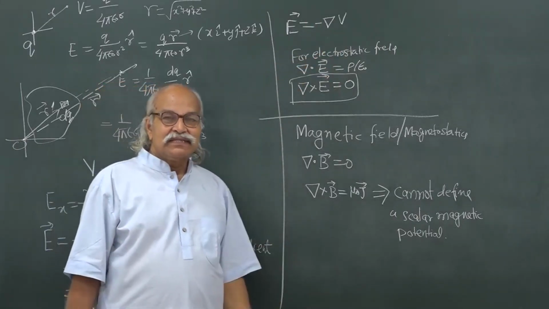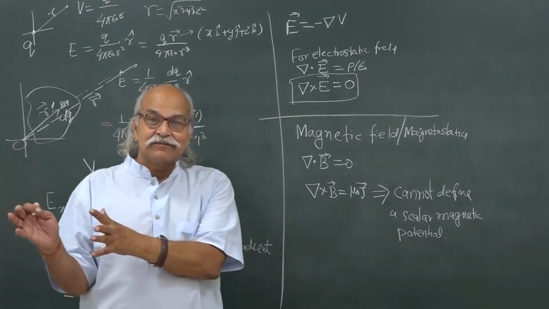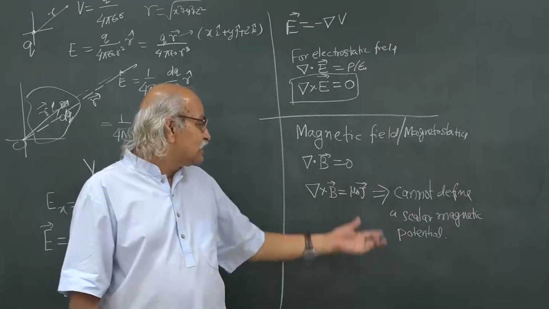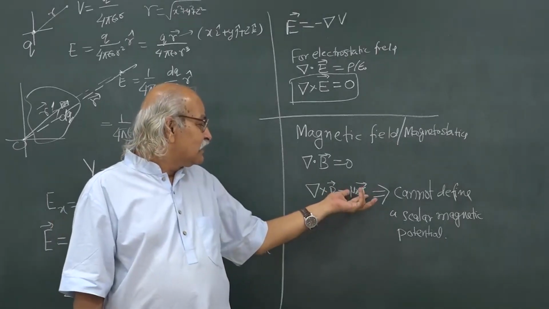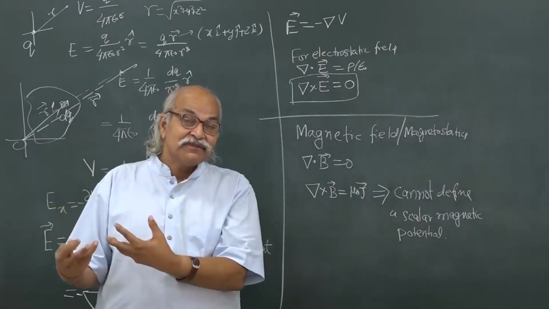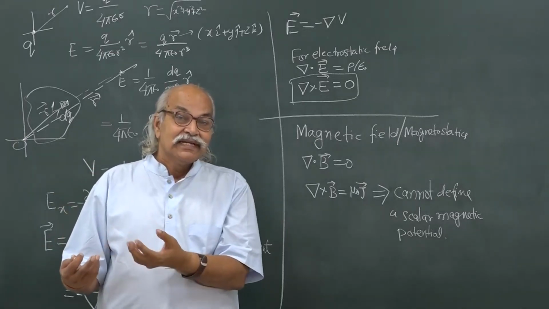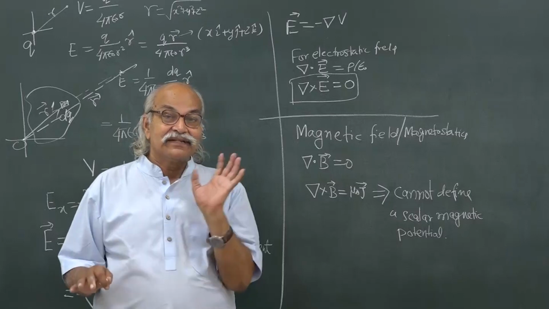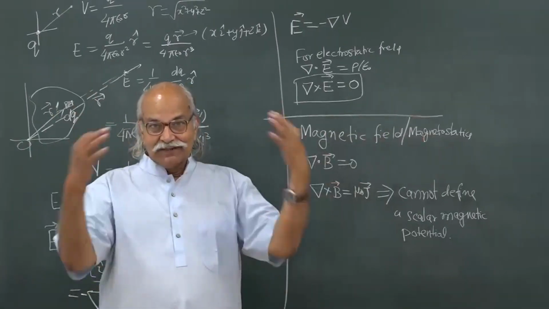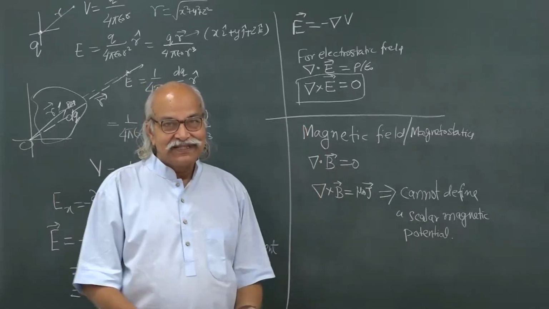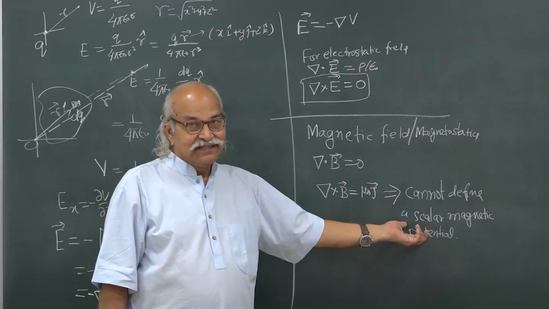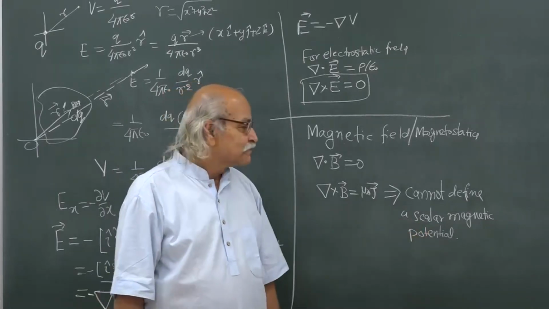In some limited regions where there is no current density and therefore, this J is 0, in those limited regions you can perhaps define a magnetic scalar potential and make use of the fact that curl is 0 there, but universally no. If the curl is not 0, then the scalar potential cannot be defined.